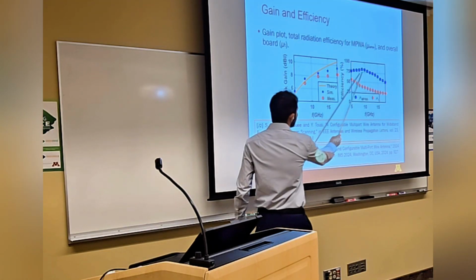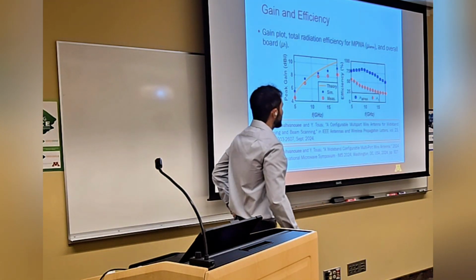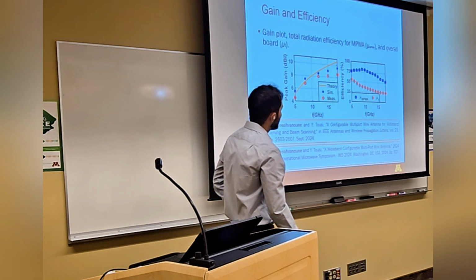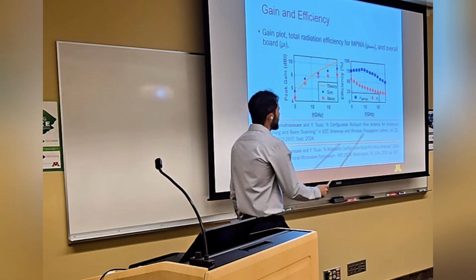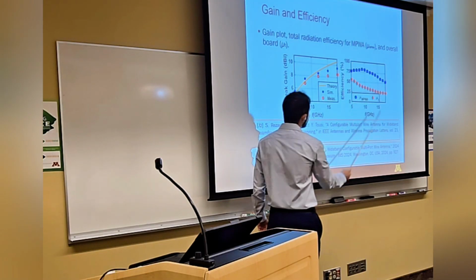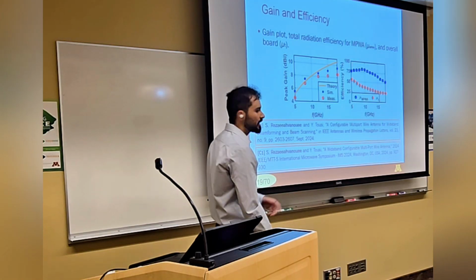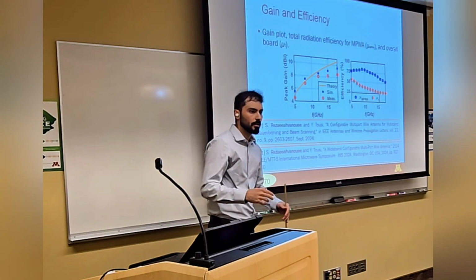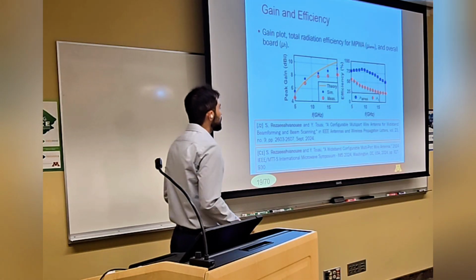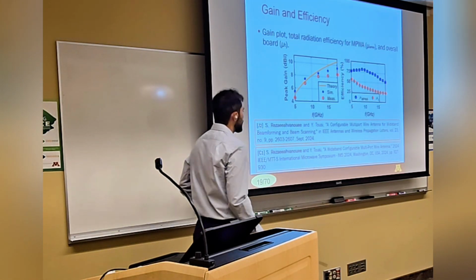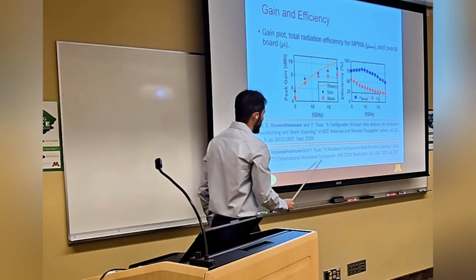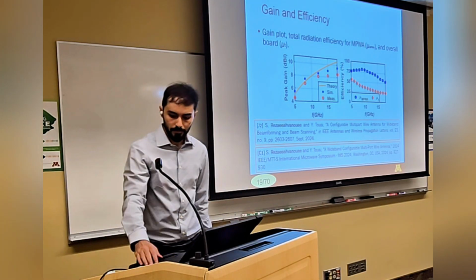Around 75% of accepted power is radiated by the multiport wire antenna, but the overall efficiency is less than that of the multiport wire antenna because of the additional loss of the power divider. And we published this prototype in AWPL and also presented it at IMS 2024.